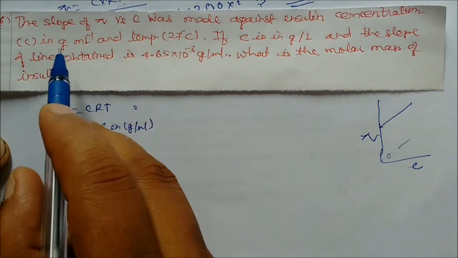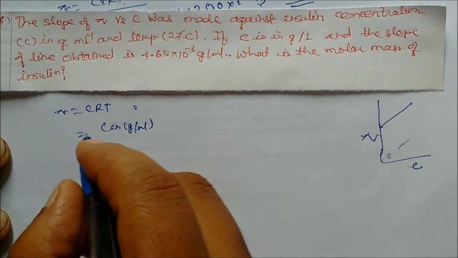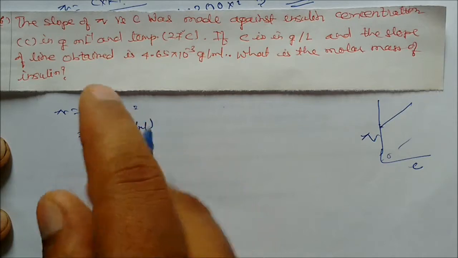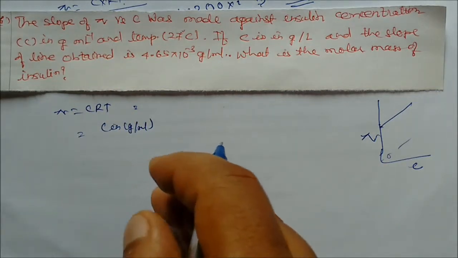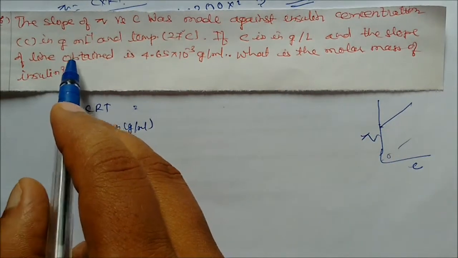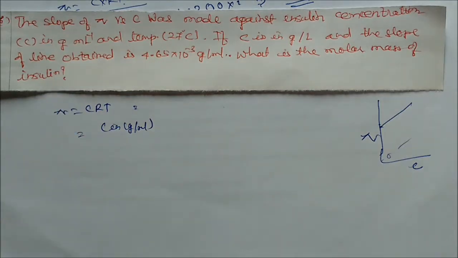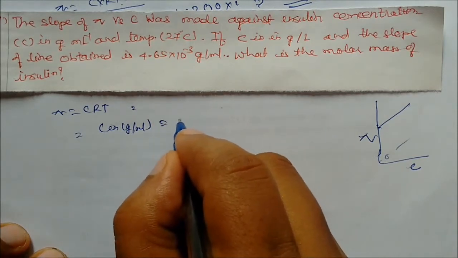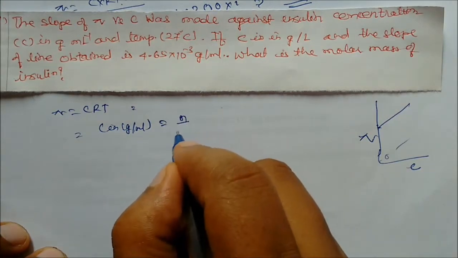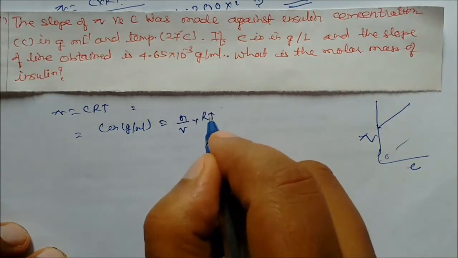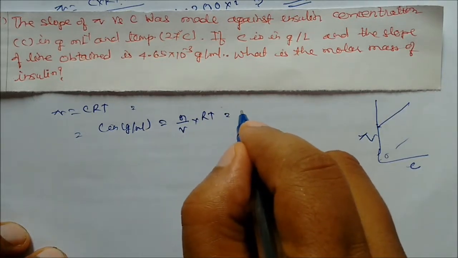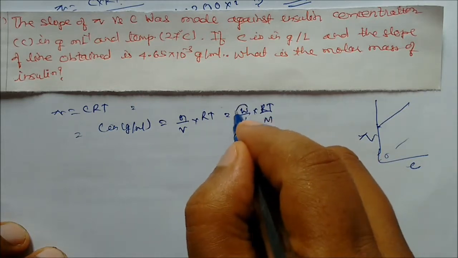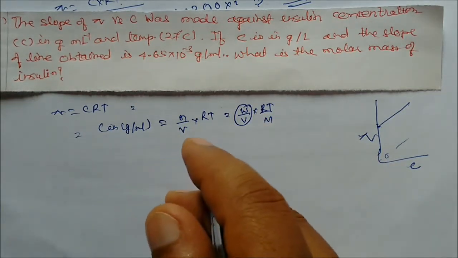N by V is the concentration. So we can write here C equal to N by V into RT, or we can also write W by V into RT by M. So W by V gives you your concentration.